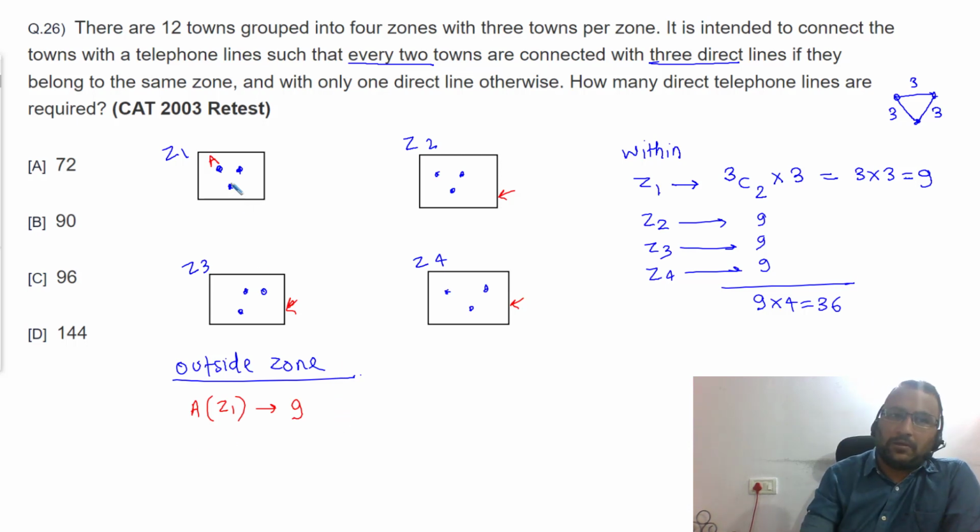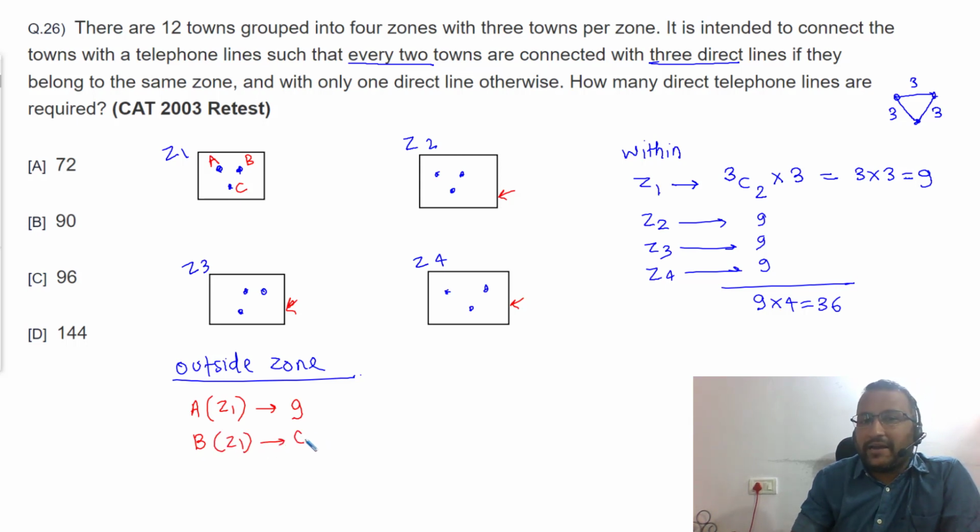So this is B, this is C. Town B of zone 1 requires 9 direct lines for the towns outside zone 1. Similarly, town C of zone 1 requires 9 direct lines with the towns in other zones. So total 9, 27, everyone.